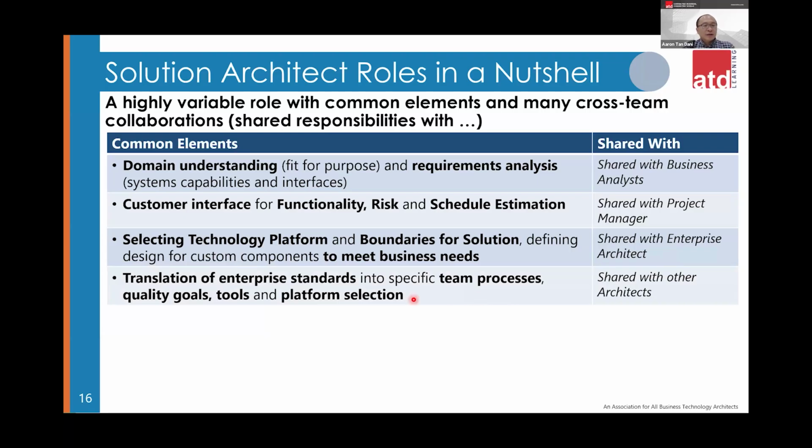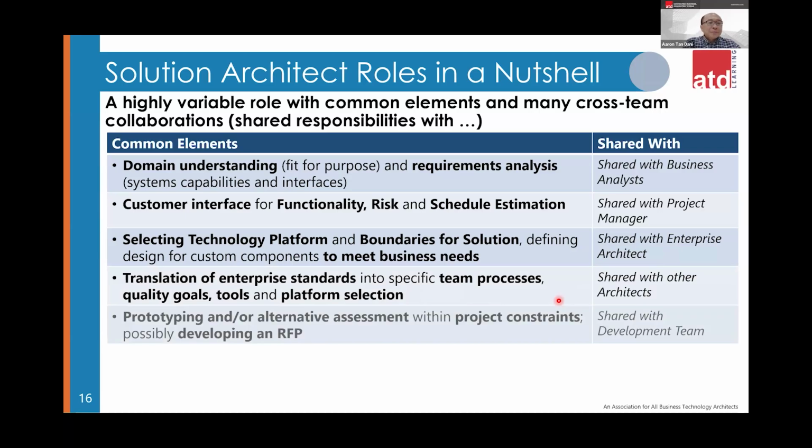When you translate the enterprise standard into specific team processes, quality goals, and tool and platform selection, the solution architect works with other architects, which could be information, software, or infrastructure architects.